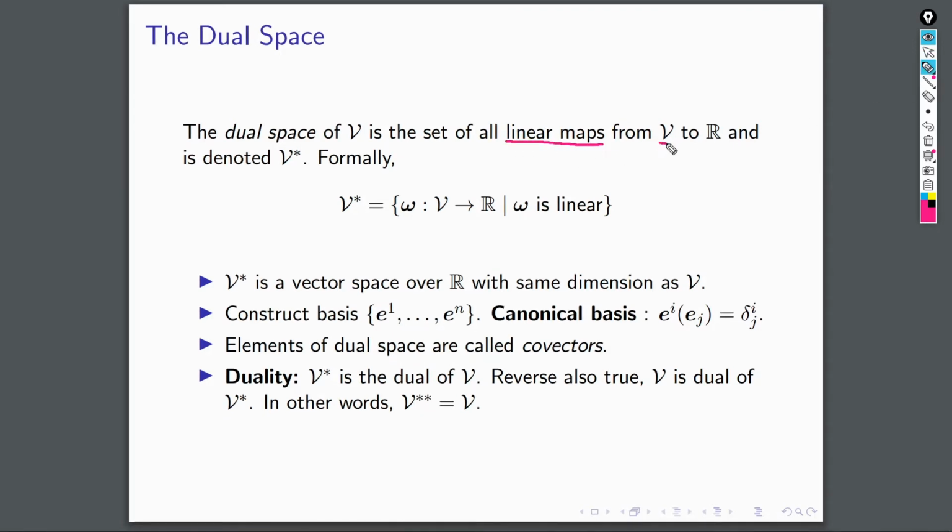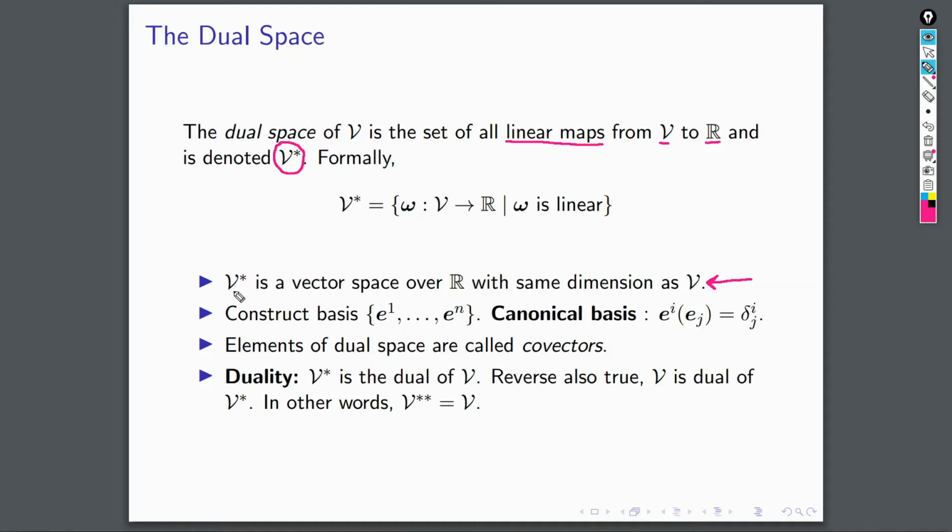It's denoted with this little star, so it's the set of all these omegas that go from V to R such that omega is linear. Now, this is an important point. It's not that hard to show that it's also a vector space.